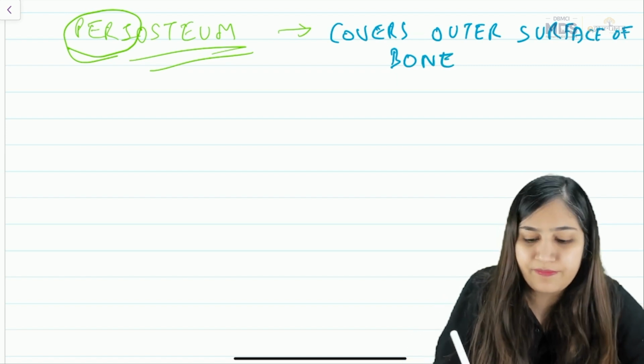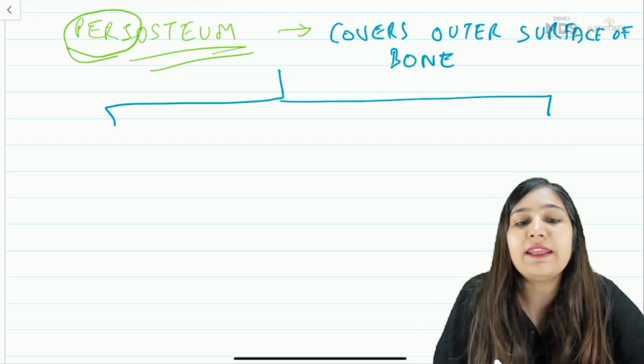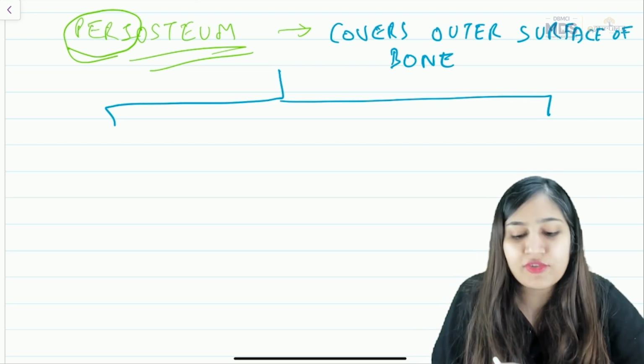Which are the two layers here? The outer fibrous layer and the inner layer composed of cells, mainly osteoblast cells.